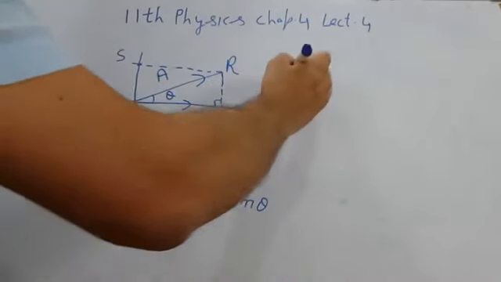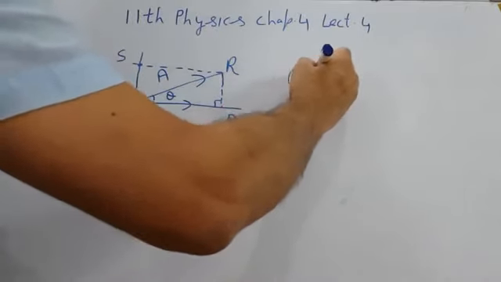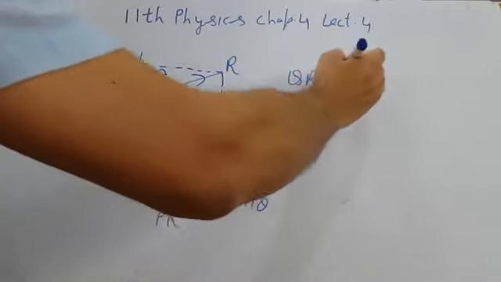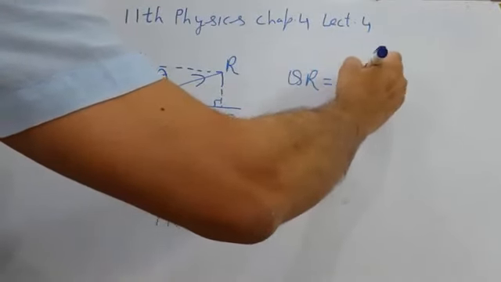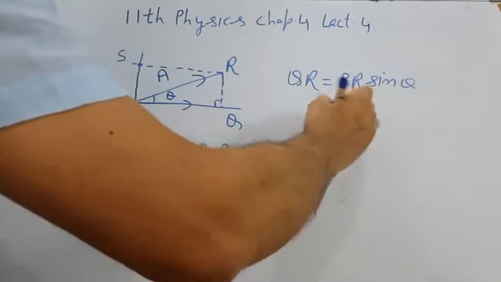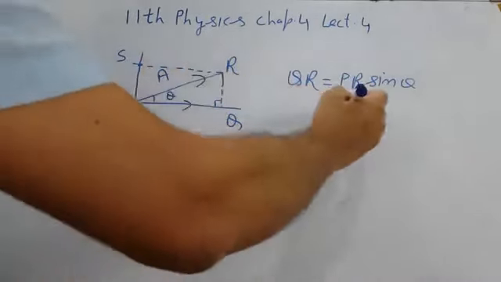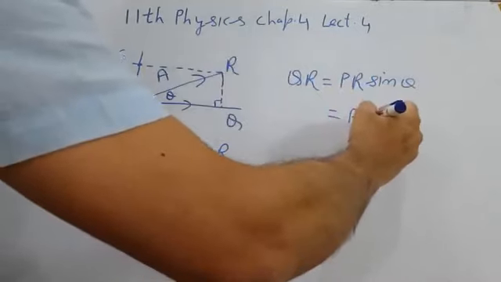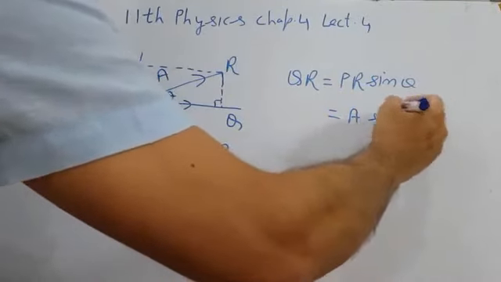It means QR will be equal to PR sin theta. PR is A, so it will be A sin theta.